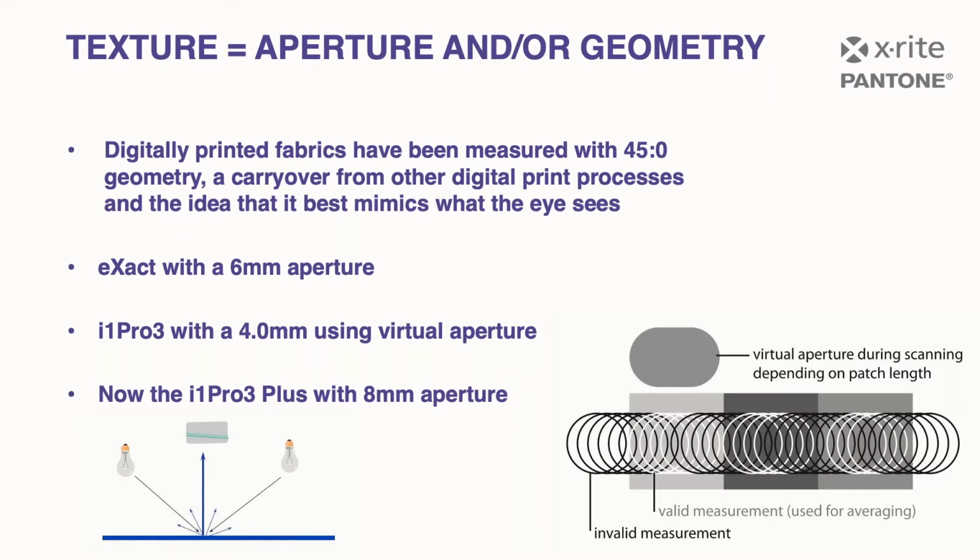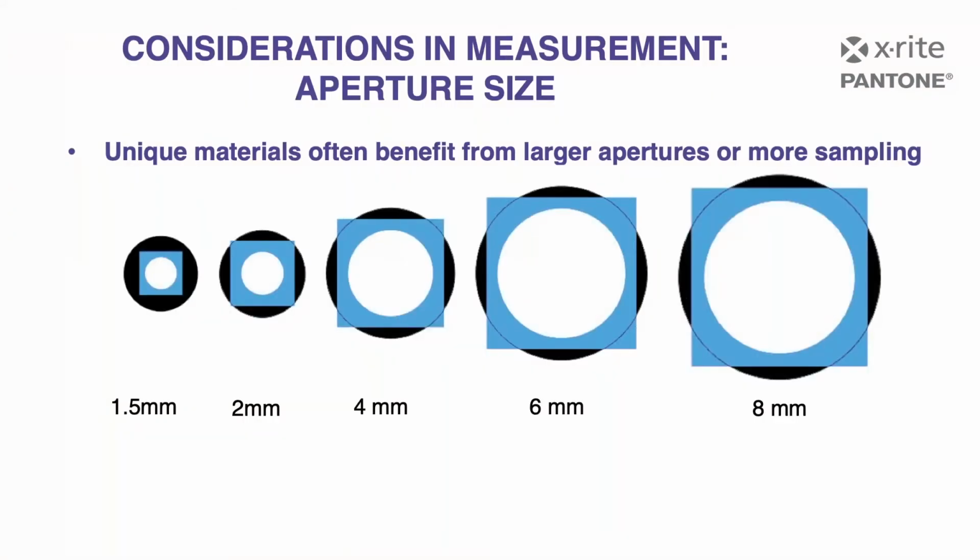So what's all this business about apertures anyway? I'm looking here at a series of apertures, and the most common size aperture in a graphic arts handheld is either 2 or 4 millimeters.